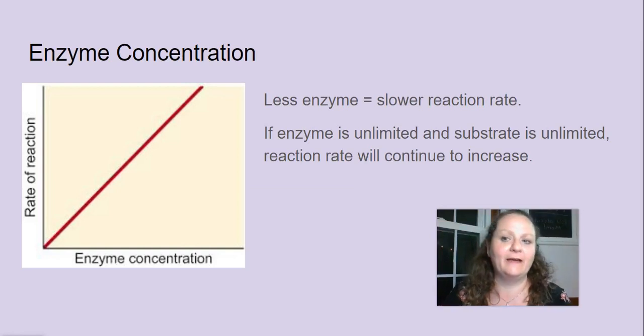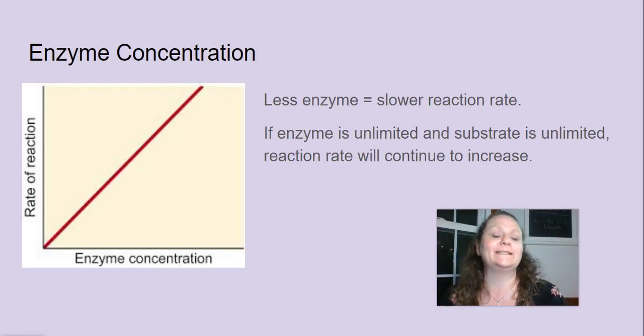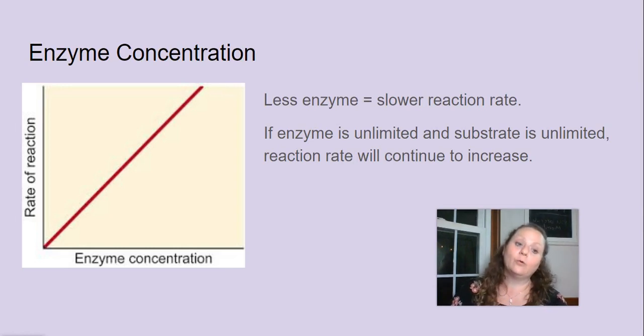Now, let's say that we look at enzyme concentration. If you have less enzyme, you have a slower reaction rate. However, if you have unlimited enzyme and unlimited substrate, the reaction rate is going to continue to increase until you run out of one or the other. You're going to find it continuing to go.